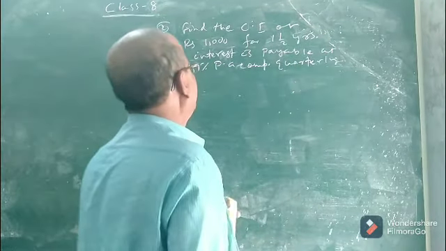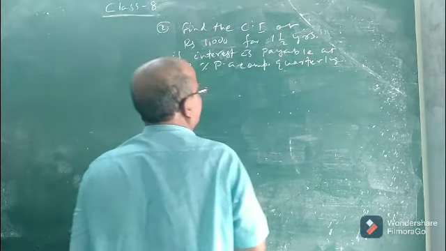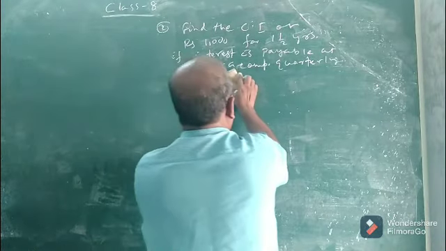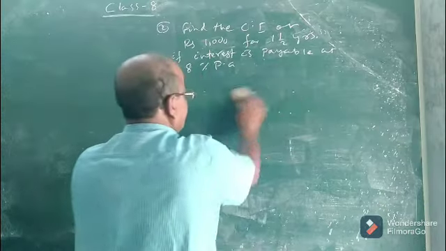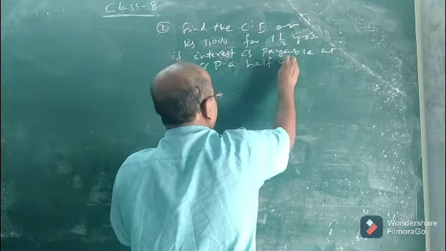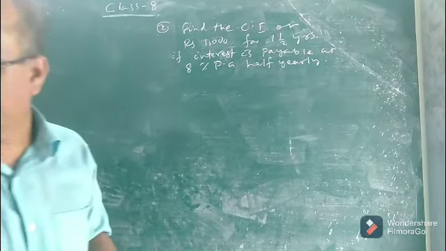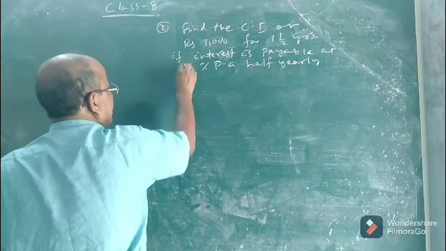Find the compound interest on rupees 1000 for 1 1/2 years, if interest is payable not quarterly, but half yearly or semi-annually, at 10%.